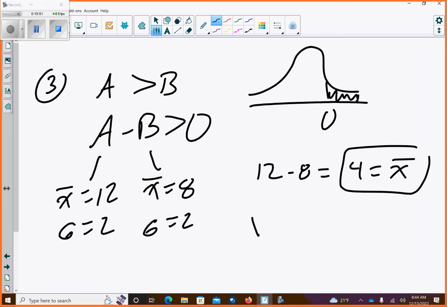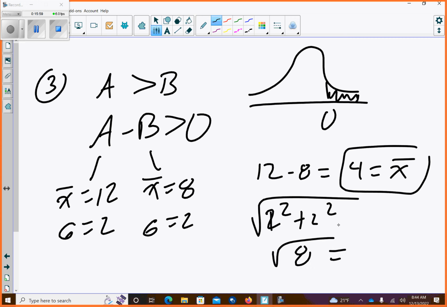And our standard deviation is going to be 2 squared plus 2 squared, which is root 8. And root 8 is 2.83. So we want to make this on the bigger than 0. So this is going to be a pretty high probability.